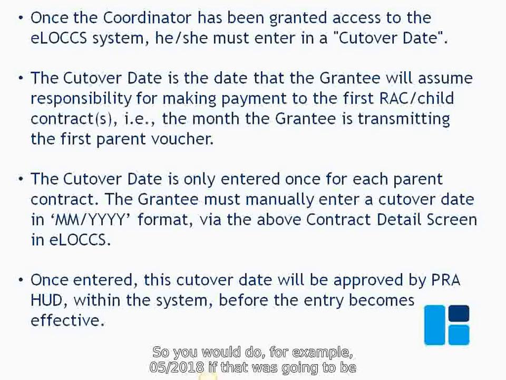HUD allows that to fluctuate, I think, 90 days. So don't send a cutover date too early and then stall out on your voucher submissions, because if it's outside of that 90-day window, ELOCs isn't going to send you the money for it.